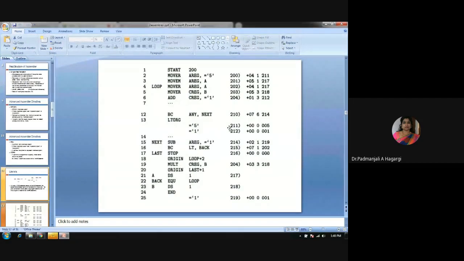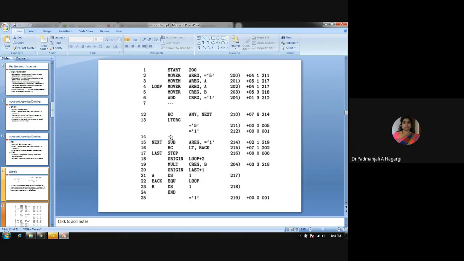So using LTORG we can declare the literals. That's where the literals are being declared, and here it is 10, so therefore here it is 11 and 12. This is how the memory is allocated, I mean the location counter processes, for these instructions.